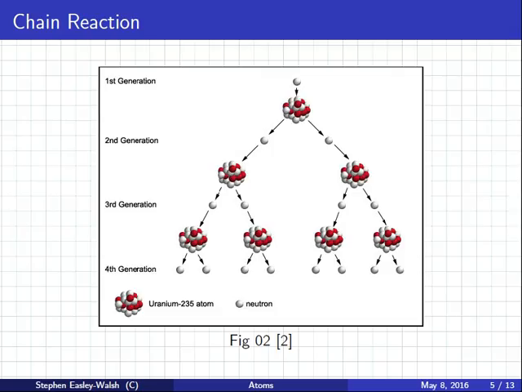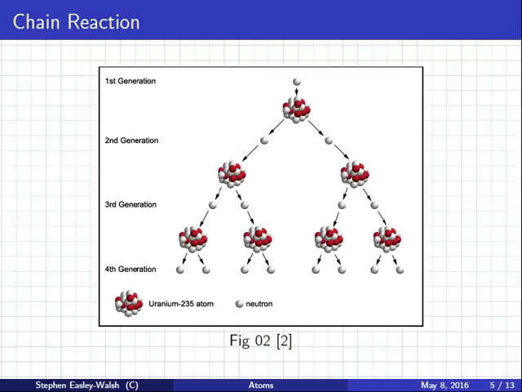The reaction means the neutron. I suppose the first generation is when the first neutron hits the first atom, and then the second generation is the second neutrons hitting the second row of atoms. I guess. It's not really important.